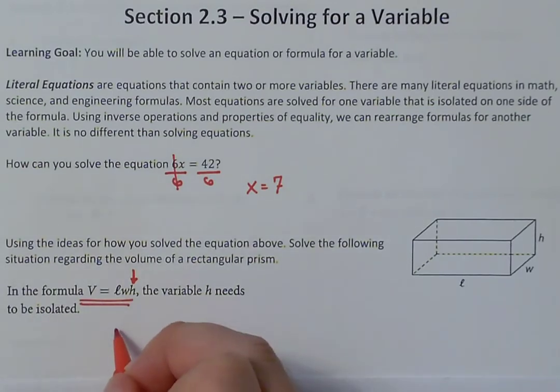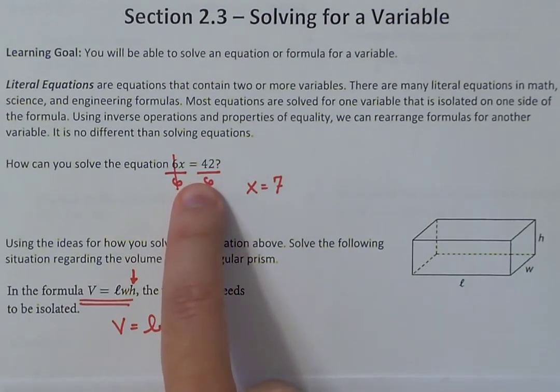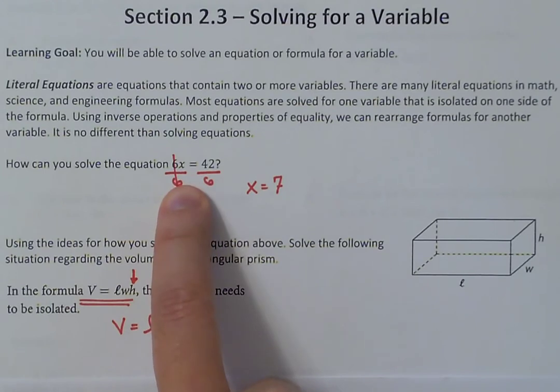Okay, I know that volume equals length times width times height, and I need to solve for h. So I'm going to highlight h, I'm going to circle it. You're going to ask yourself, what is happening to h? Well, h is being multiplied by L and W, just like we had up here, where x was being multiplied by 6.